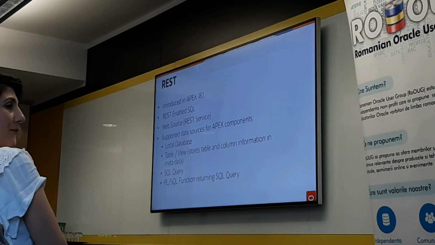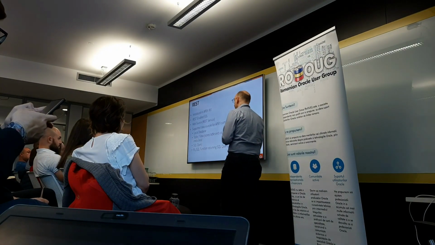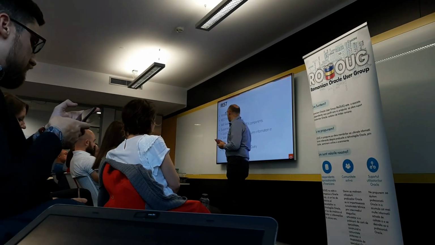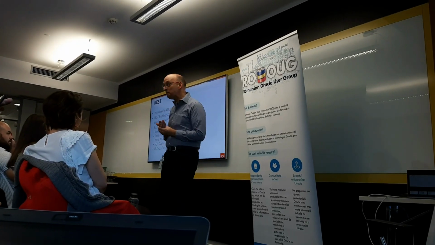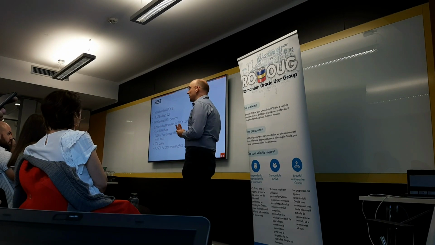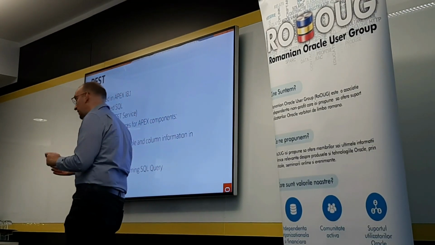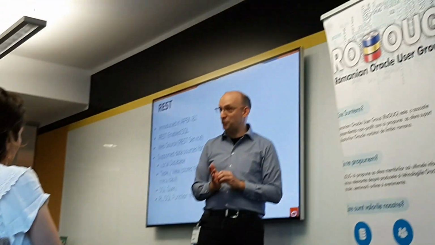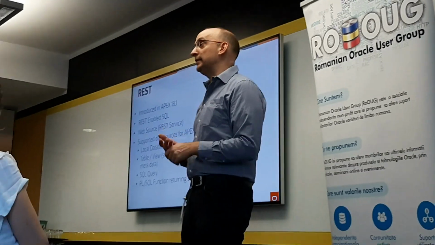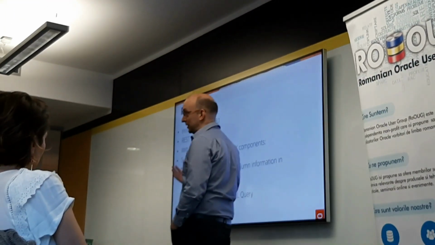Okay, REST. Apex 19.2 also took a step further regarding REST support. That's a story we started with Apex 18.1 when we introduced external data sources, so REST services or REST-enabled SQL. Andrea will talk about REST-enabled SQL later on. These external data sources were introduced as declarative first-class data sources.